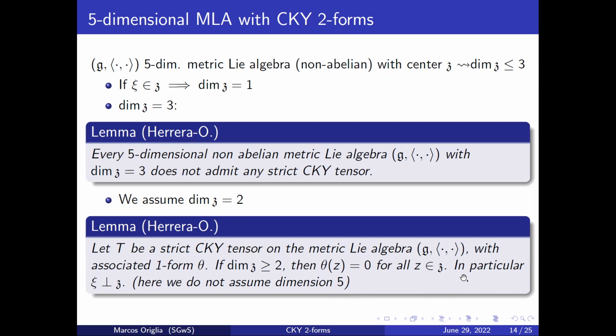So in particular, our special guy is orthogonal to the center. So this is general, not only dimension 5, but with this result, we can get the decomposition of the Lie algebra, which allows us to get some equations and classify at the end.